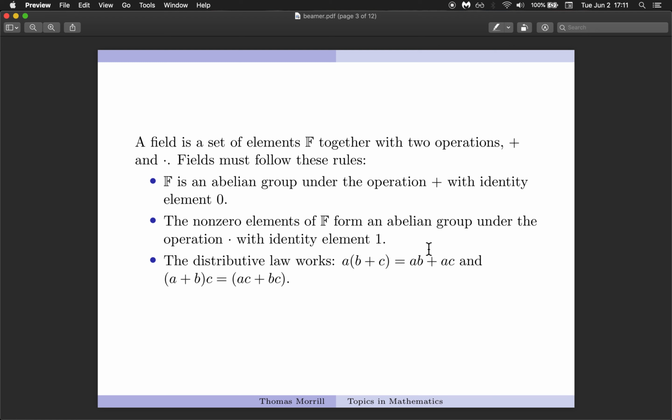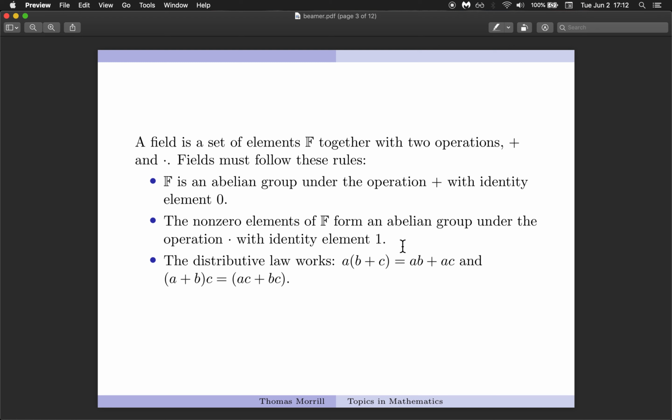Rule number 2 is that the non-zero elements of F also form an abelian group, this time under the operation times, and the identity element for the times operation is going to be 1. So again, this is just like the multiplication that we've all grown up with.